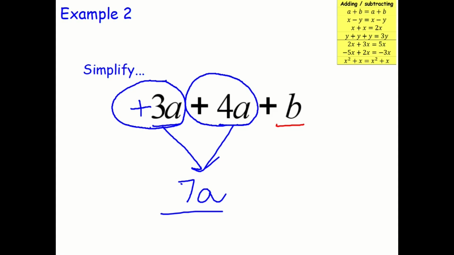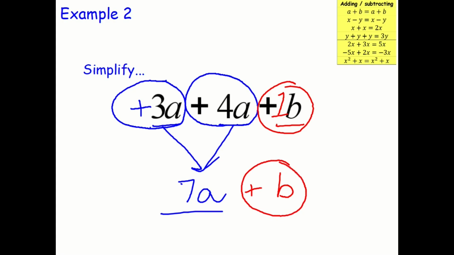What have I got left that I cannot make any more simple? I've just got a positive b, and I could put positive 1b, but I'm just going to write it as plus b. And it's really important that that plus sign is with that b. That's going to come into play shortly when we're dealing with negatives.